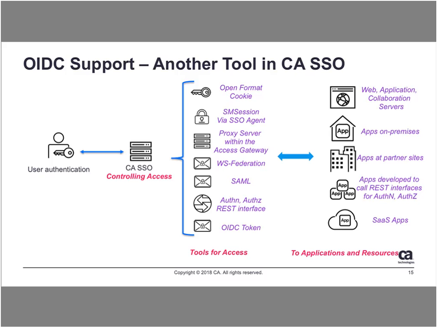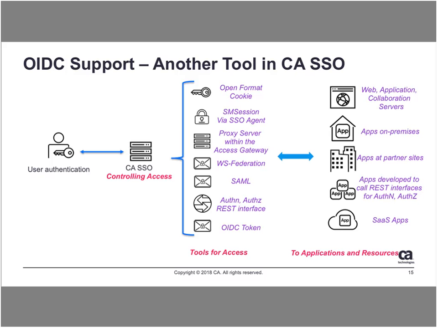So we wanted to share those things, but put it in the context that OpenID Connect is simply another tool in the CASSO capability set, and the choice of which tool to use in conjunction with which application is something you have flexibility to make multiple choices from in order to get the best result for your organization and for controlling access, whether the resource is on premise, at a partner site, an application that you want to expose and interact with CASSO just on its authentication and authorization capability through a REST interface, or a SaaS-based application.